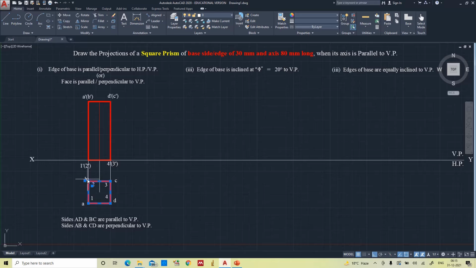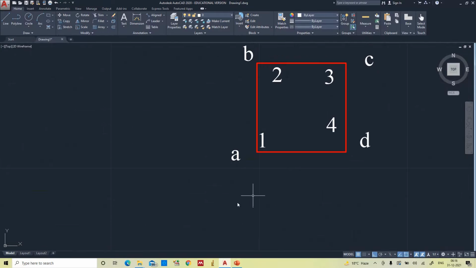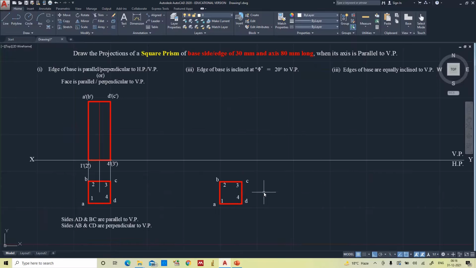That's why I am copying along with the notations. Yeah, Control C, Control V.